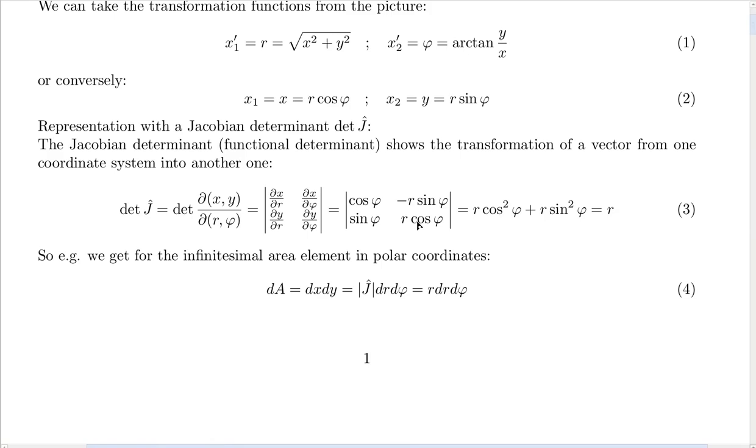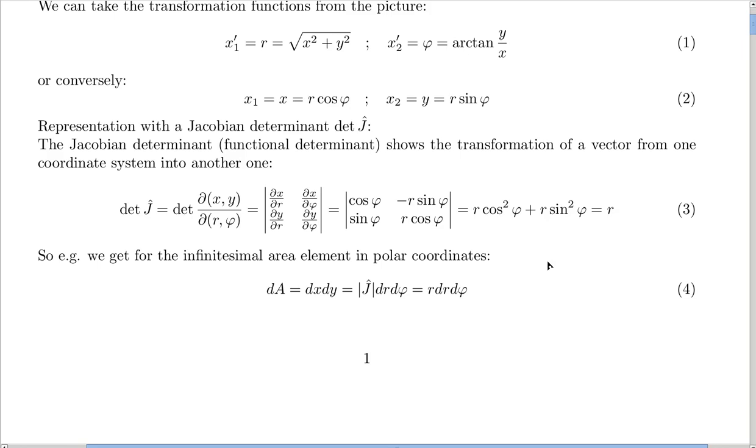If we calculate the determinant, then in the main diagonal we have cosine multiplied by cosine and r. That's the first addend here. And the other diagonal gives us the second addend here. And cosine squared plus sine squared is 1. So the result is r.